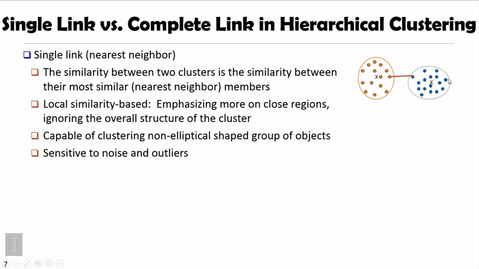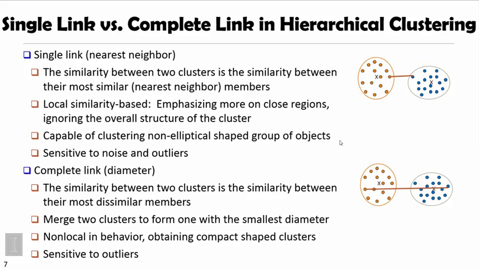Such merging examines neighbors or close regions and ignores the overall structure of the cluster. In that context, you can find irregularly shaped, non-elliptical groups of objects. This link is also sensitive to noise and outliers, because if an outlier is very close to another one, you may decide to merge them.